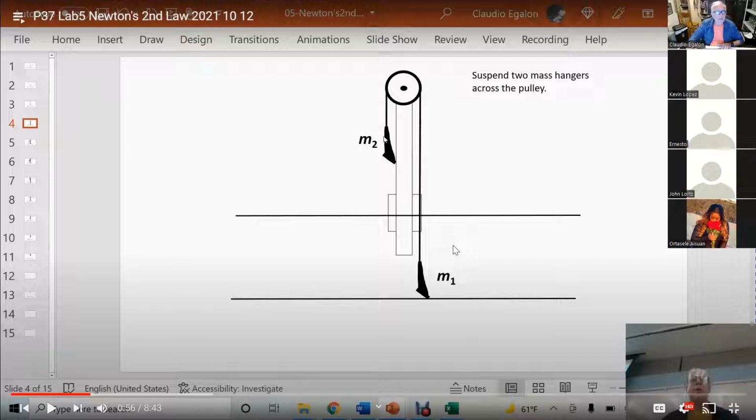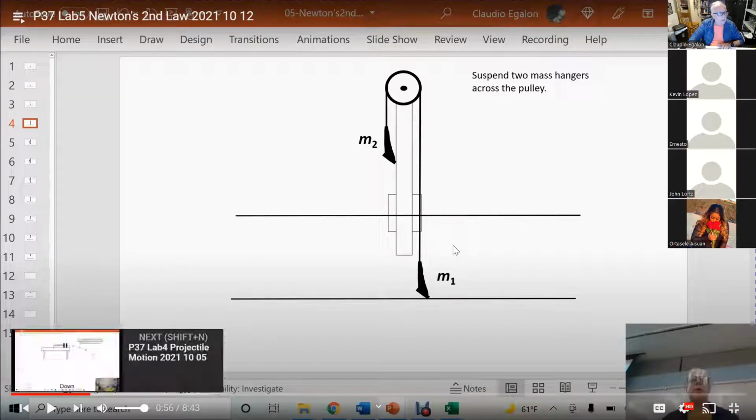If mass M2 is heavier, larger than M1, then the system is going to accelerate, the pulley is going to accelerate in the counterclockwise direction, and mass 2 is going to accelerate downwards, mass 1 upwards. Can you picture that?